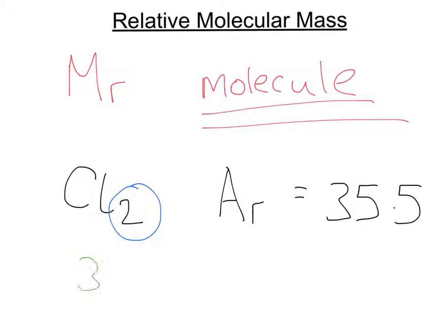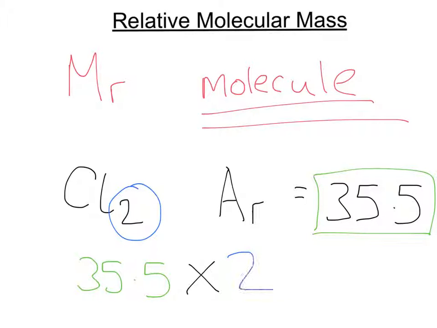So that gives us 35.5 from here, and we times that by 2, and that gives us 71.0. And that is our relative molecular mass, MR.